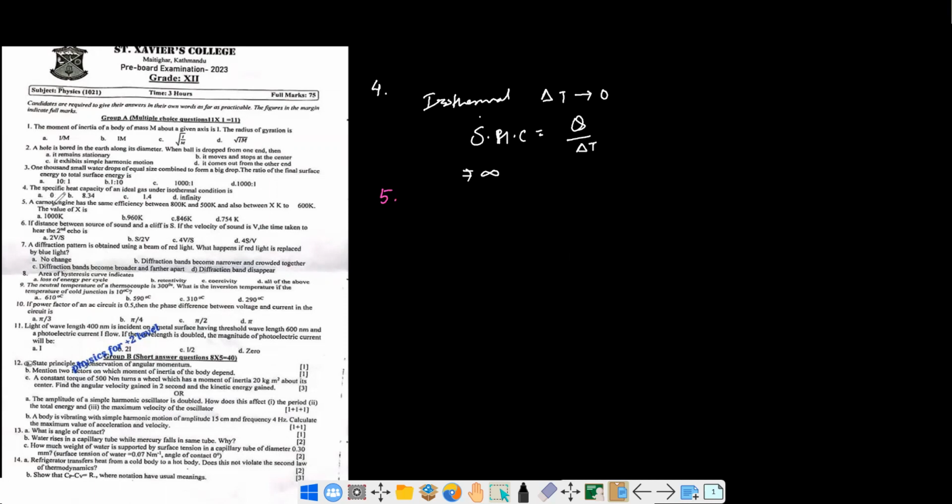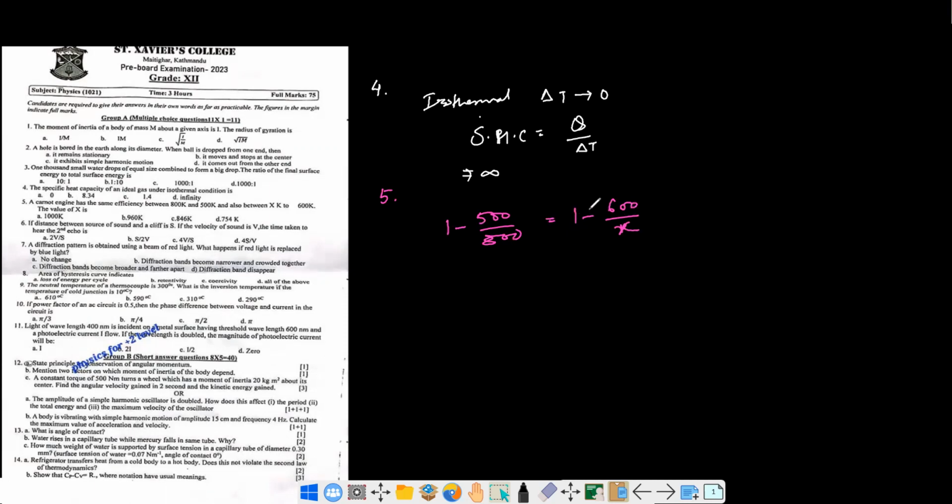So question number 5, a Carnot engine has efficiency between 800 and 500. Okay, you know well, efficiency is 1 minus T2 by T1. T2 is your what? T2 is 500 divided by 800 Kelvin, and also between the X Kelvin and 600 Kelvin. Okay, X Kelvin and 600 Kelvin. Definitely, यो ठुलो टेम्परेचरमा होला है। So 600 divided by x.